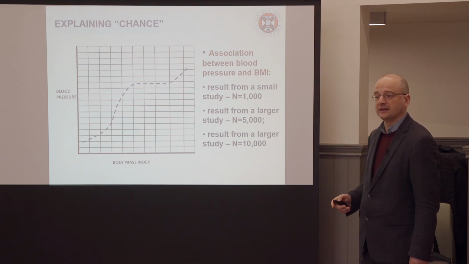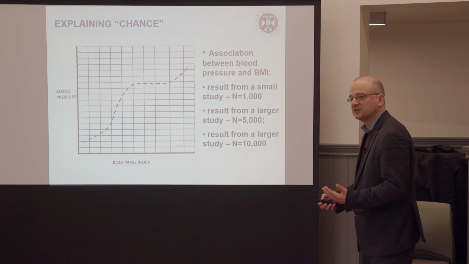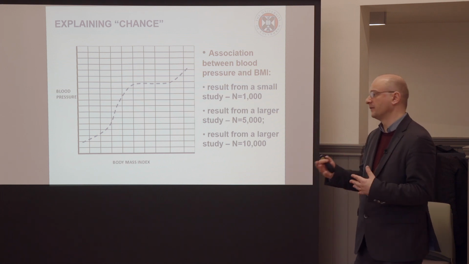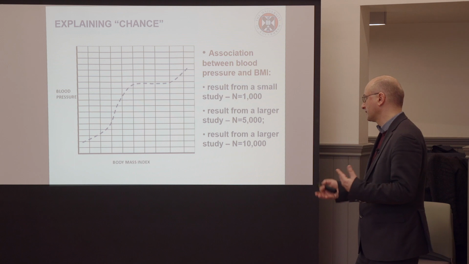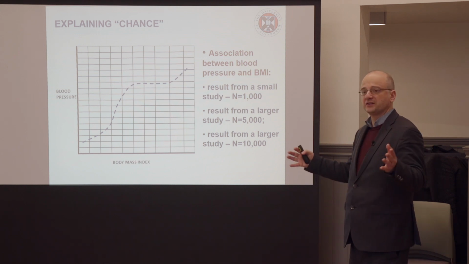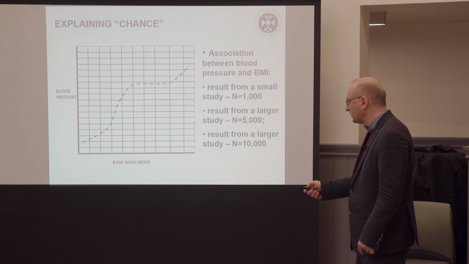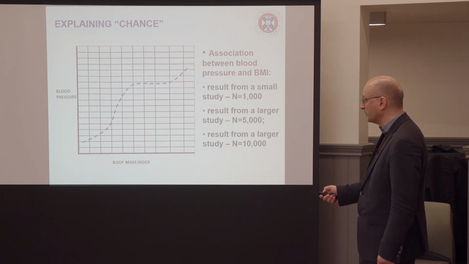Notice that I'm calling 1,000 a small number because there are just so many effects, environmental effects and biological effects and genetic effects and cultural effects and social effects, that it's just a mess, and you can't ever have a clear relationship. But look what this study found based on 1,000 people.